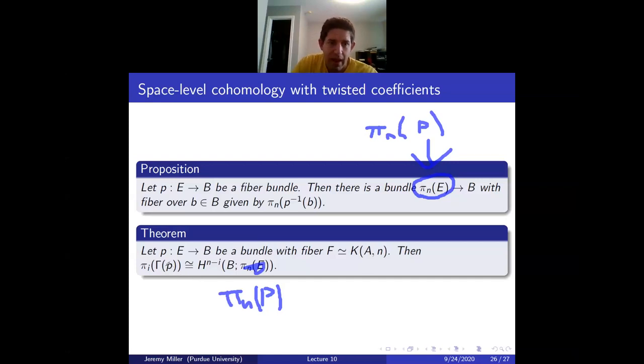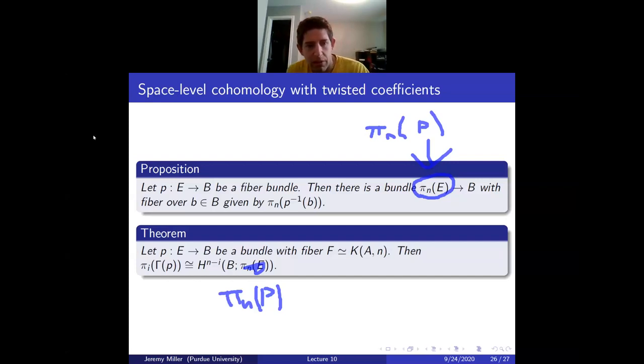So for each point in B, we have this group that maybe is isomorphic to A, but non-canonically, and in the section space, each point in B we're mapping to some space that's non-canonically isomorphic to F. So we're just twisting both sides, and then you plug in everything as trivial.